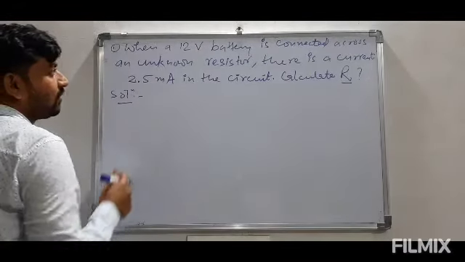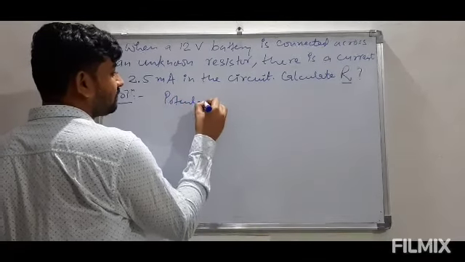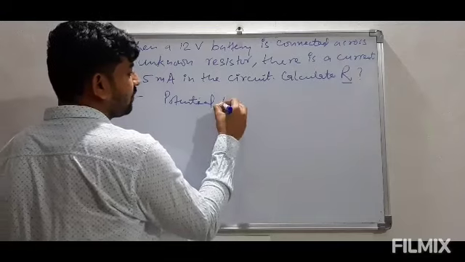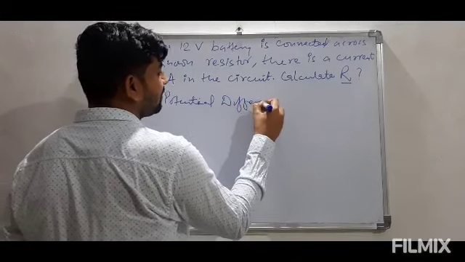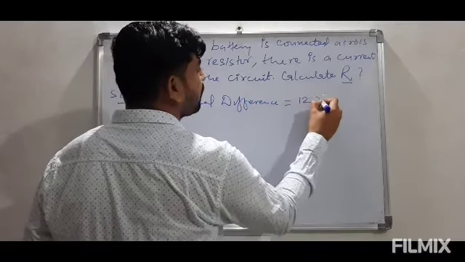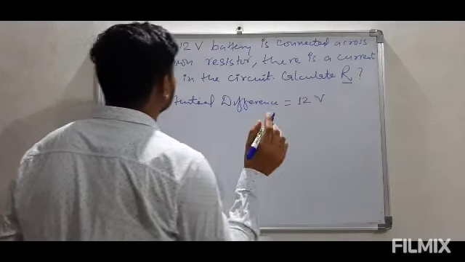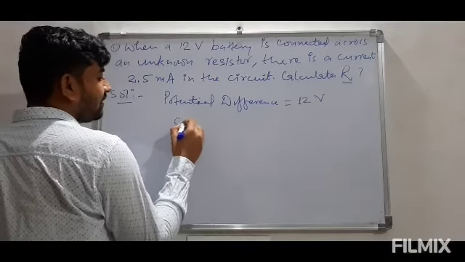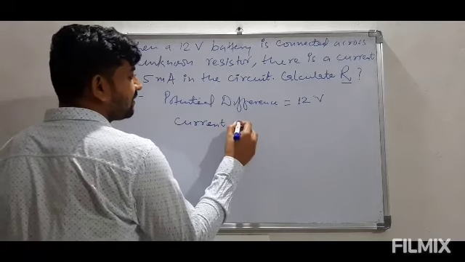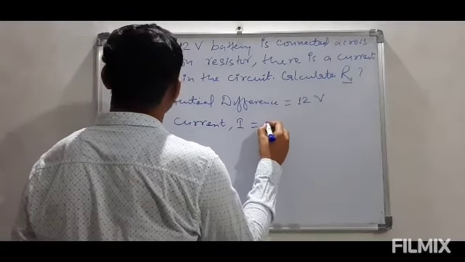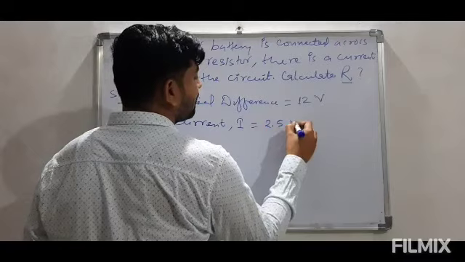For this solution, we are using Ohm's law. The potential difference is given as 12 volt across the battery. The electric current I is 2.5 milliampere.